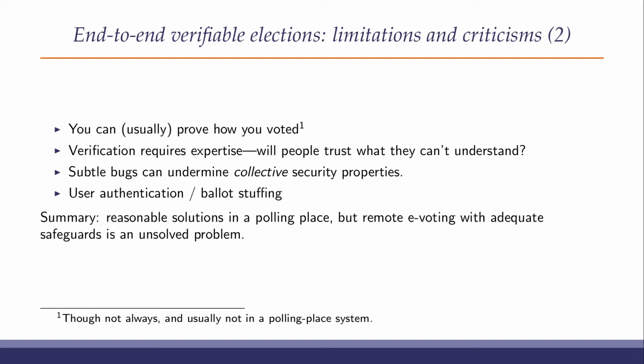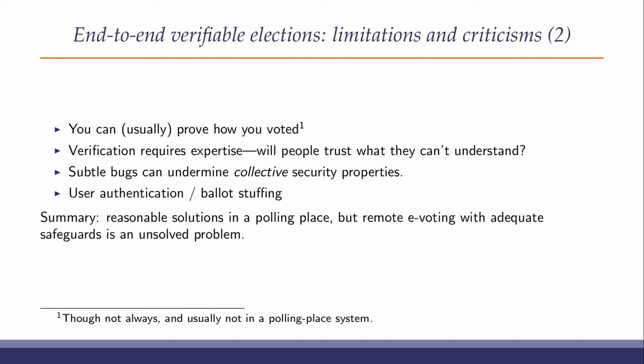But it's not really clear whether that public key infrastructure is secure enough for running such an important thing as an election. In fact, there's a very interesting paper from the Estonian authorities saying that they regard the problem of user authentication as one of the hardest problems that they're trying to solve in making their internet voting system secure.